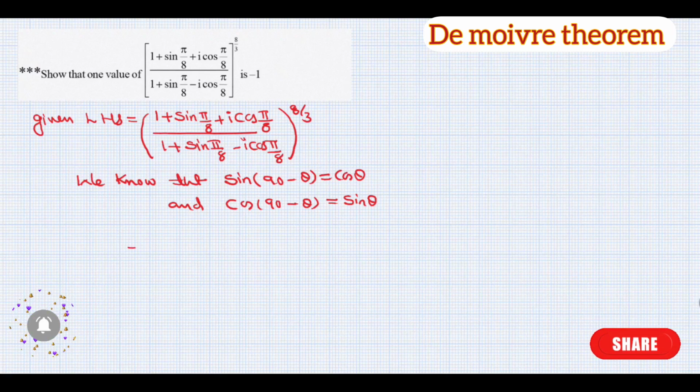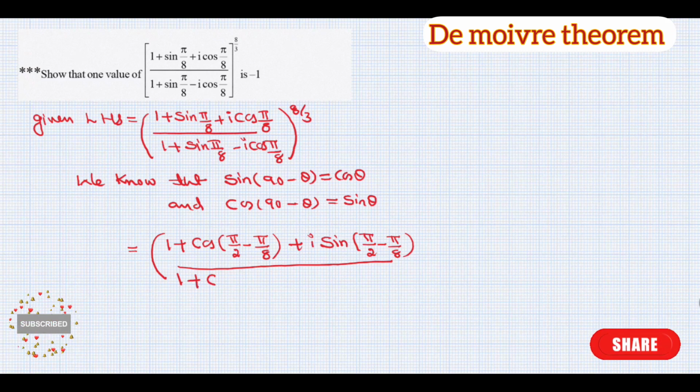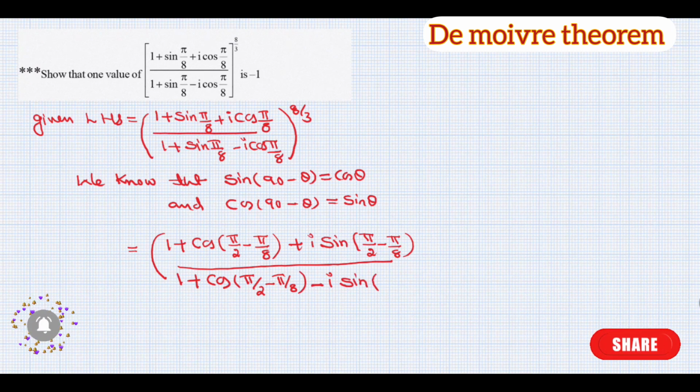Okay, from above, it is equal to 1 plus sin π/8 in terms of cos(90 − θ), 90 means π/2, so cos(π/2 − π/8), plus i cos π/8 in terms of sin is sin(90 − π/8), that is π/2 − π/8. Similarly, the denominator also is 1 + cos(π/2 − π/8) − i sin(π/2 − π/8).